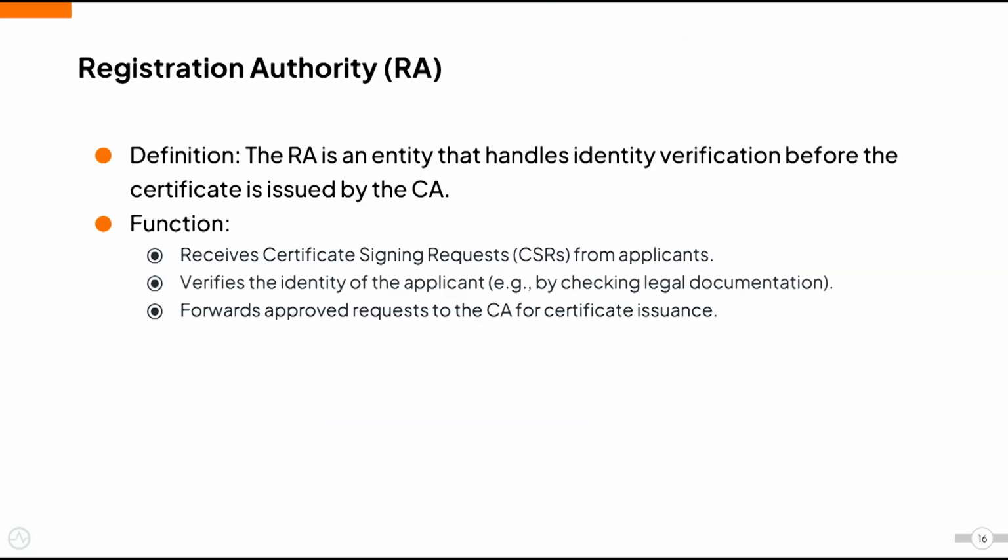Now, next core component is registration authority, or RA. Registration authority is responsible for verifying the identity of the certificate requester. So if you try to get a certificate for WSO2.com website, you need to prove that you own the WSO2.com domain.